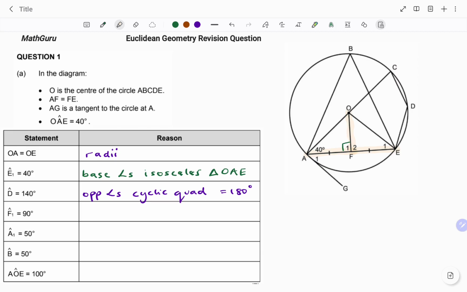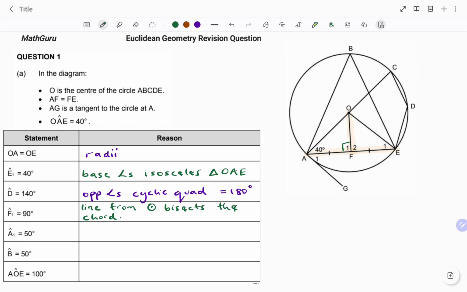The circle theorem states that if we have a line drawn from the center of the circle to a chord and which bisects the chord, then that line is perpendicular to the chord. So therefore, F1 is equal to 90 degrees because the line drawn from the center bisects the chord. And if it bisects the chord, the line is perpendicular to the chord.